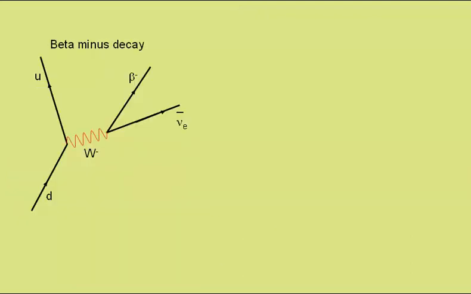Both these decays can be represented on Feynman diagrams. So here we have beta minus decay with the down quark here changing into an up quark and ejecting a W minus boson. That here decays into the beta minus particle and the electron antineutrino.